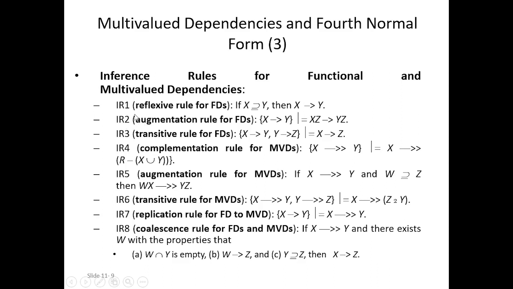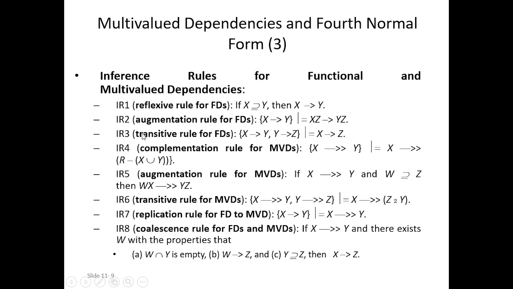And these are some inference rules for functional and multi-value dependencies. We have seen some examples earlier in some other scenario. The first inference rule is the reflexive rule for FDs: if X is a subset of Y, then X determines Y. The augmentation rule, IR2, for functional dependencies: if X to Y, then XZ to YZ.